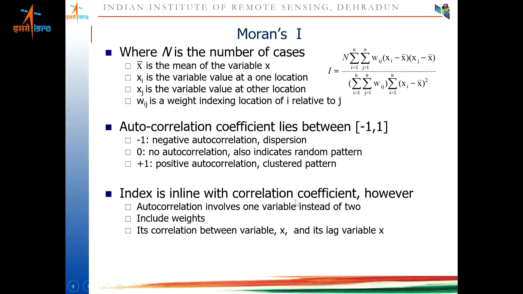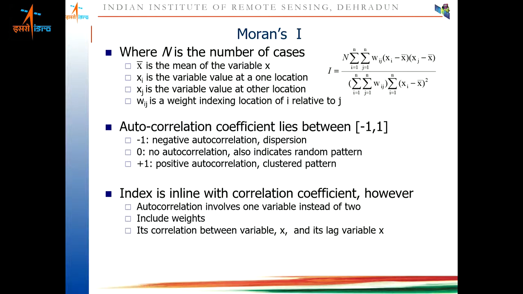So the difference between autocorrelation and correlation coefficient is that autocorrelation involves only one variable, whereas correlation coefficient involves two variables. The autocorrelation coefficient calculation includes weights, whereas correlation coefficient does not have any weights.